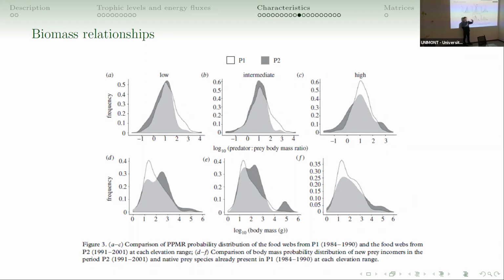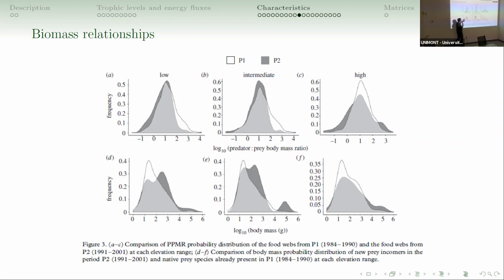Because this is the predator mass divided by the prey mass. So if this number is smaller, this can be because the predator is smaller, or because the prey is bigger. So then we analyzed which was the case.